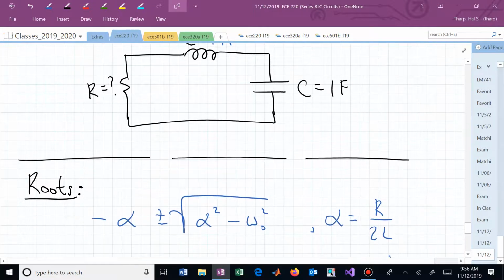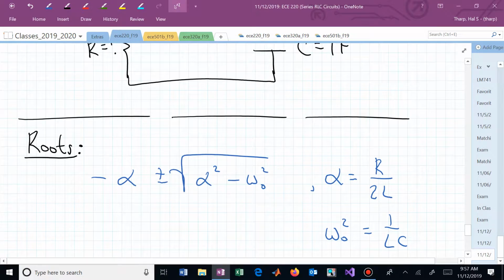We know the roots. The roots are minus alpha plus and minus the square root of alpha squared minus omega naught squared. Alpha is R over 2L in this series RLC structure. Omega naught squared is 1 over LC.